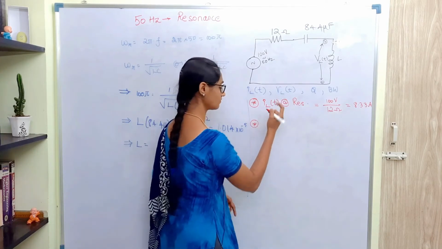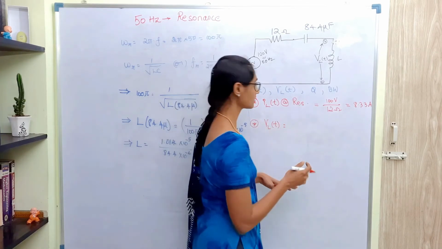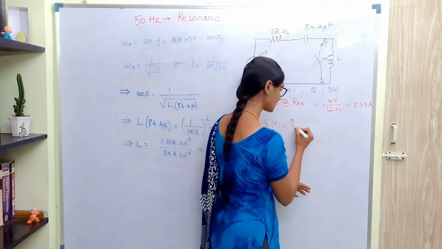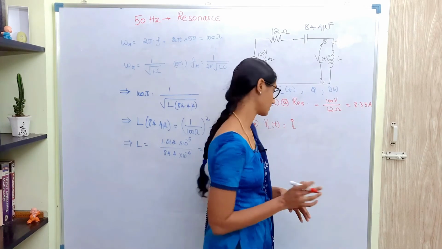Next, we are asked to find out VL of t. What is the voltage across any component? It is the current times the resistance. Since it is an inductor, it is the current times the impedance.